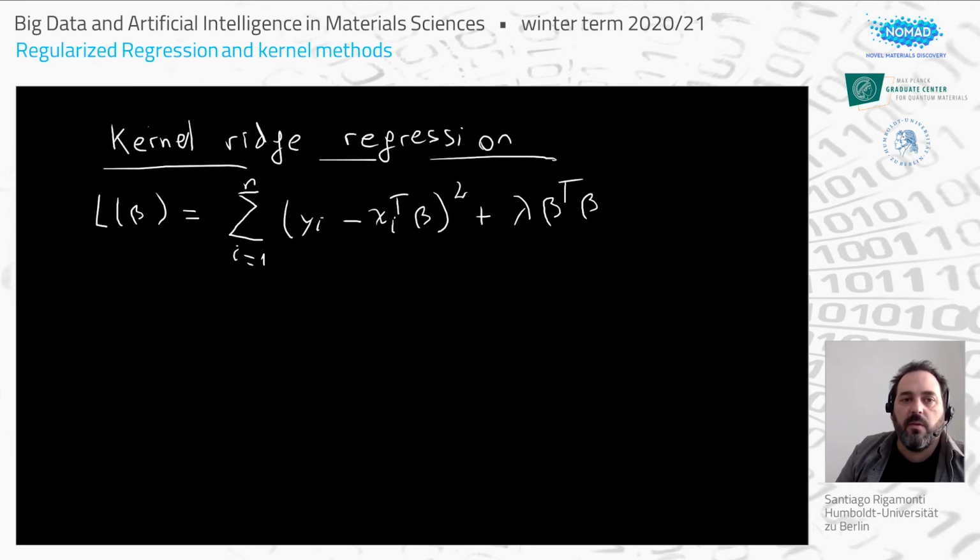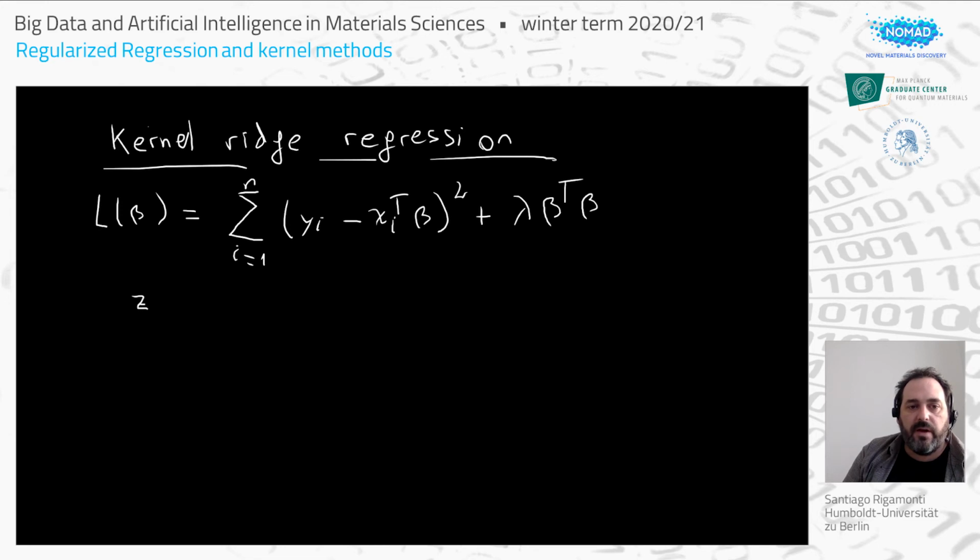So the word kernel here will have to do with a different way of actually calculating the optimization. What we will do is use something that is called Lagrange duality to solve this optimization problem, and start by defining some auxiliary variables.